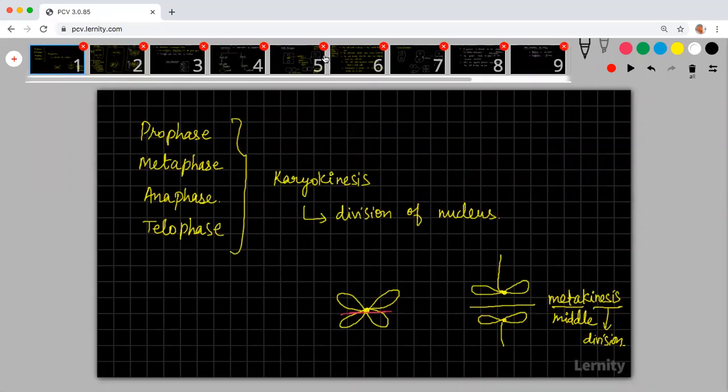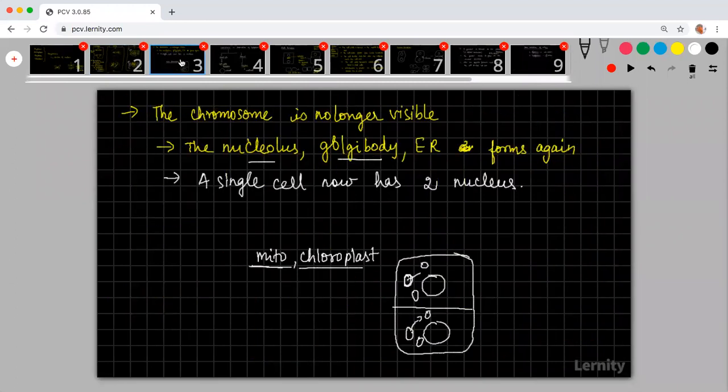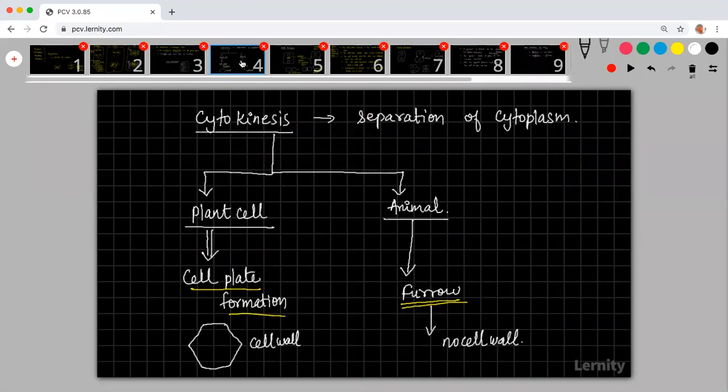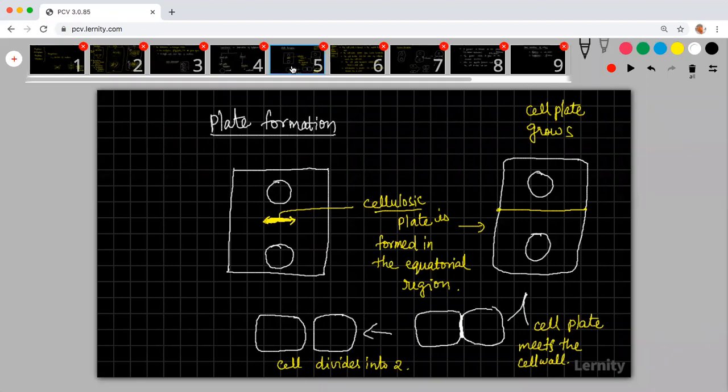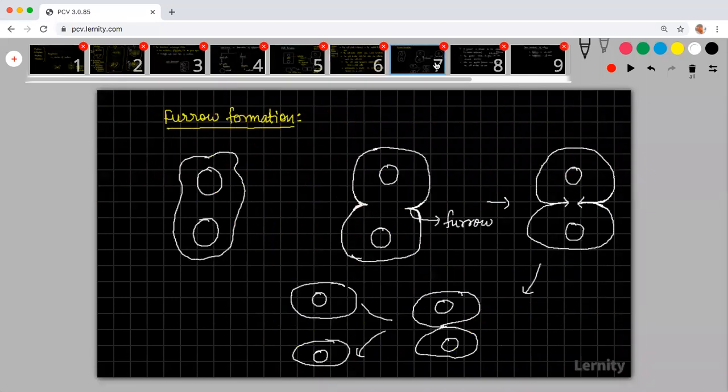First slide. Second slide. Third slide. Fourth slide. Fifth slide. Sixth slide. Seventh slide. Eighth slide.